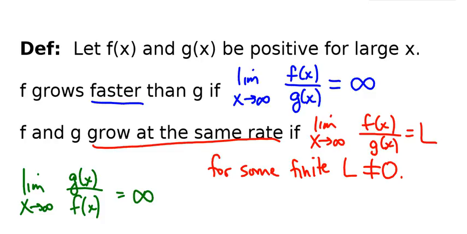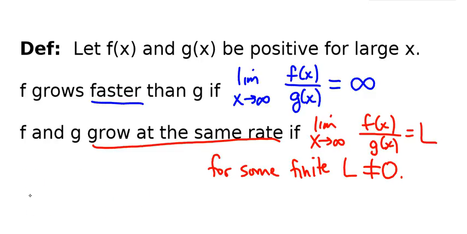So if you're in the scenario where f over g is 0, that means that g grows faster than f. And that's why we have to have this idea here that the limit L cannot be 0 if f and g grow at the same rate.